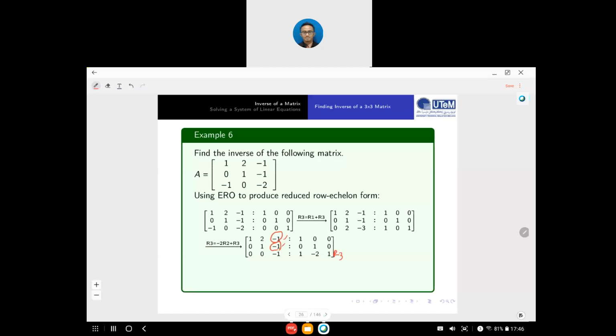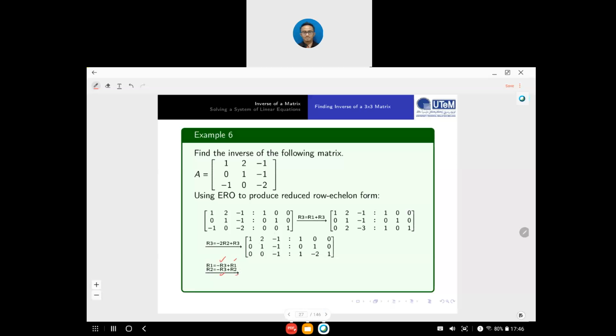So this one, we are using row 3 since all the values are negative and all the values are 1, negative 1. So, negative row 3 plus row 1 and negative row 3 plus row 2.